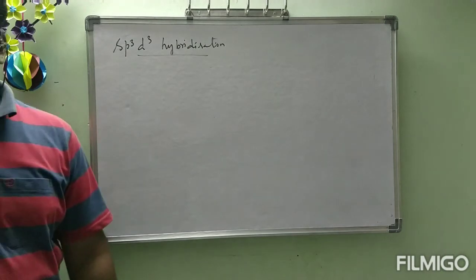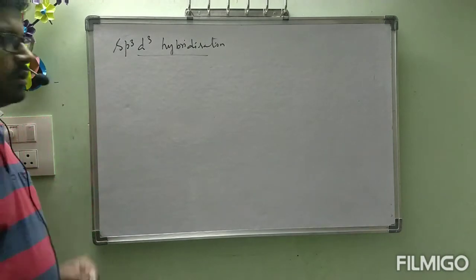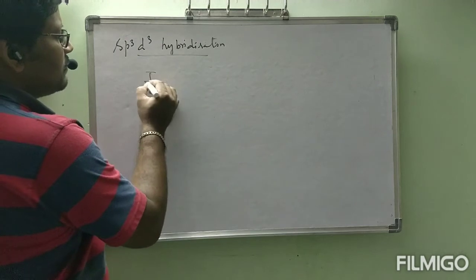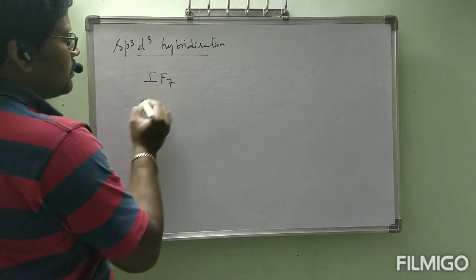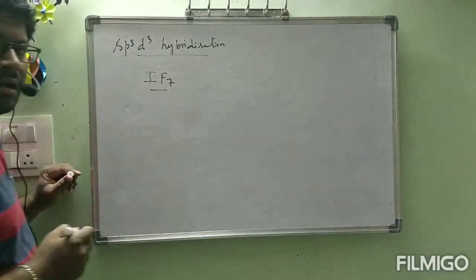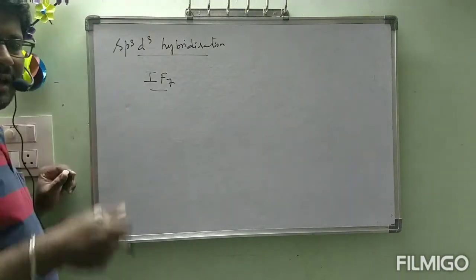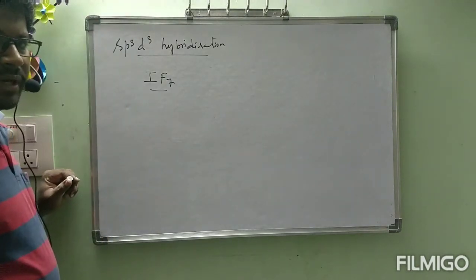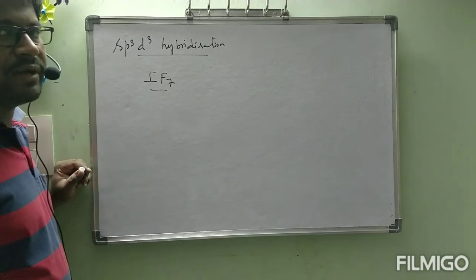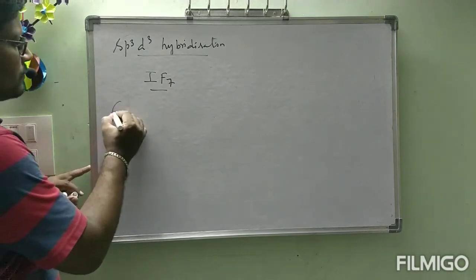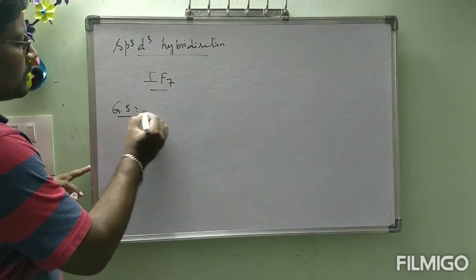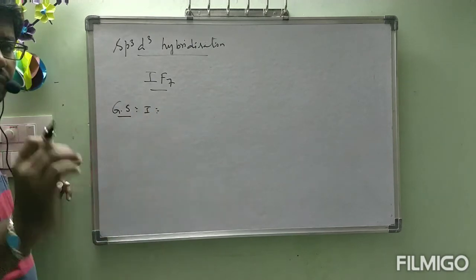Under this sp3d3 hybridization, example of the molecule is IF7. Iodine has a little bit high atomic number. Directly I am going to write the outermost electronic configuration of iodine. Ground state electronic configuration of iodine with only outermost shell.